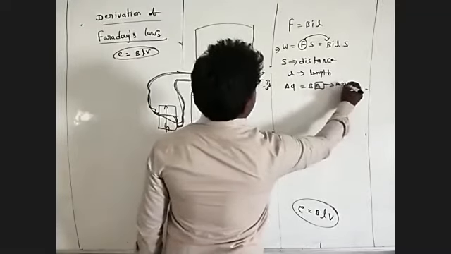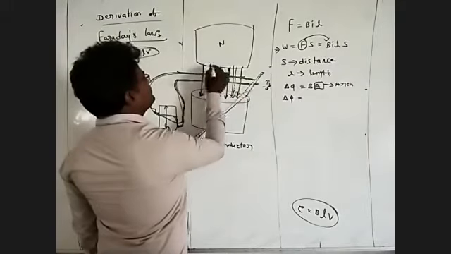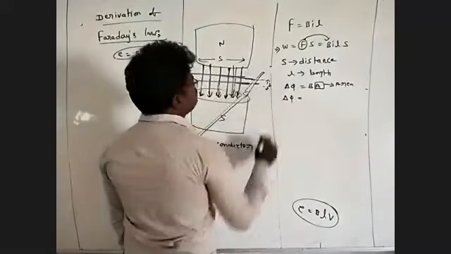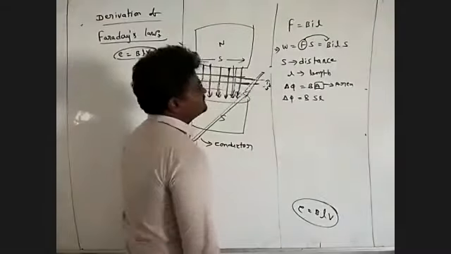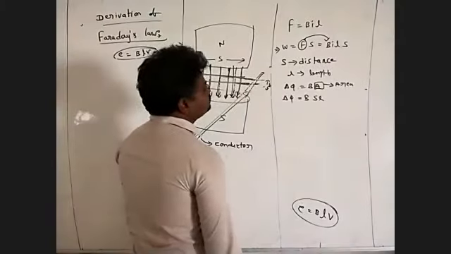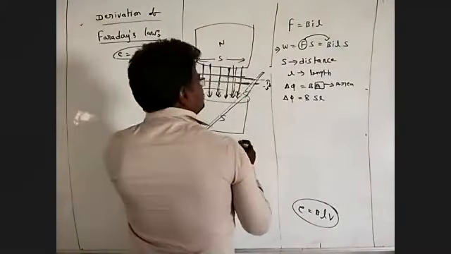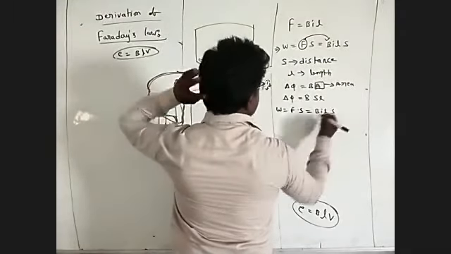What is the area? S is the distance and L is the length between the two conductors. You can write that as BSL, so phi is equal to BSL. Now we know W is equal to force into displacement, equal to BILS.